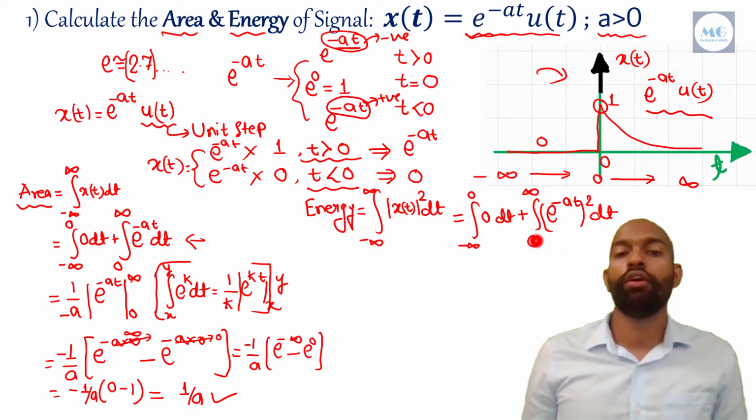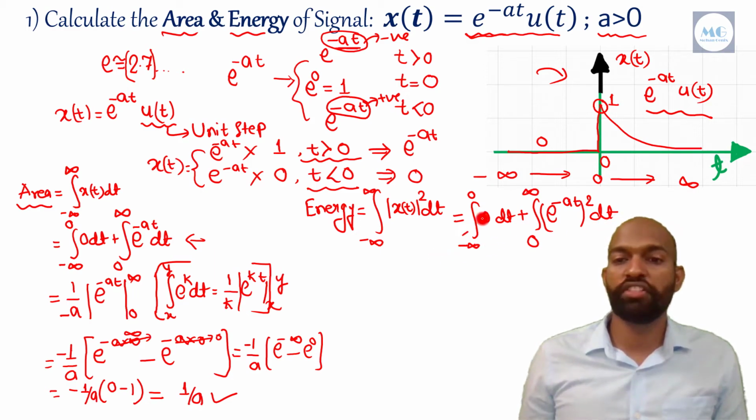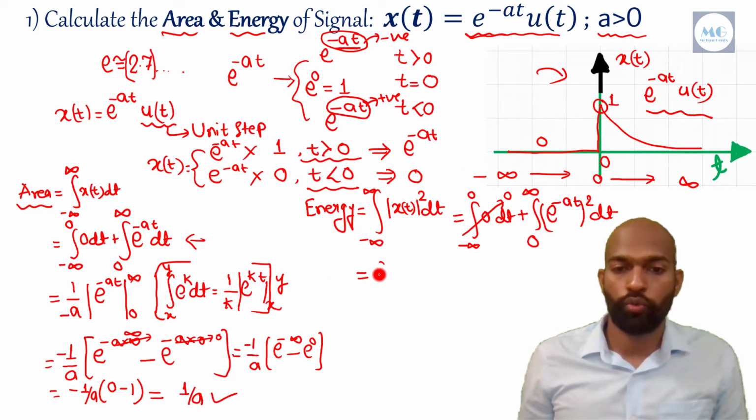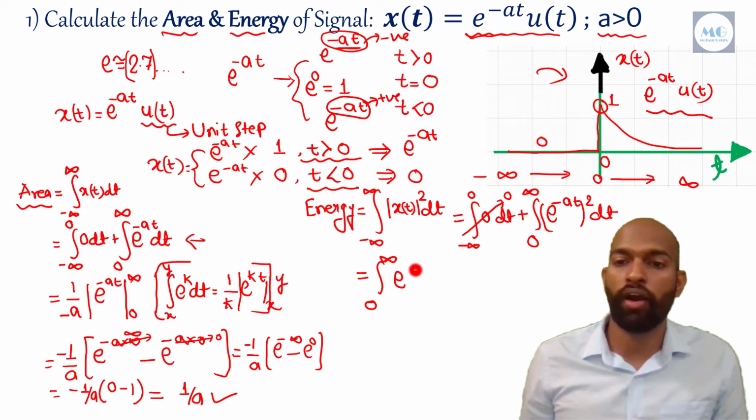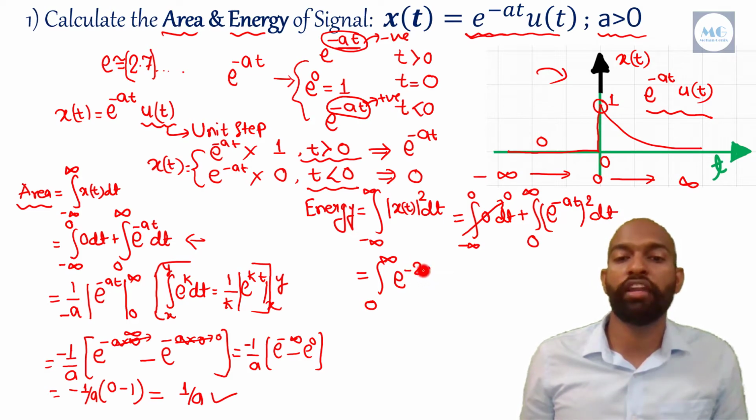So we have to solve this. The value of the first part is 0, and we have to integrate the other as it is. So what is this? 0 to infinity, e to the power 2 will be multiplied here, so it will become e to the power minus 2at dt.